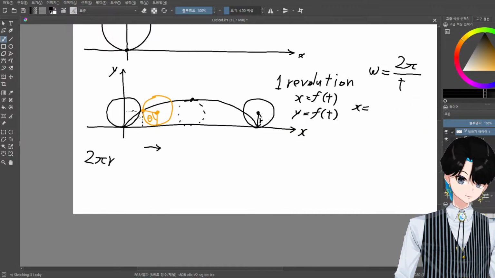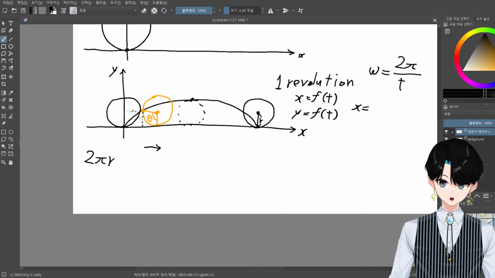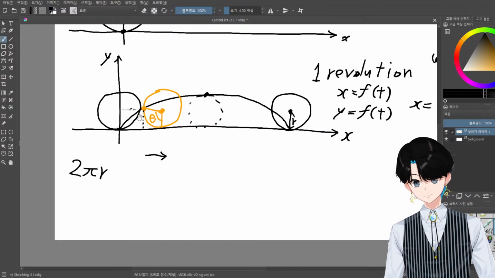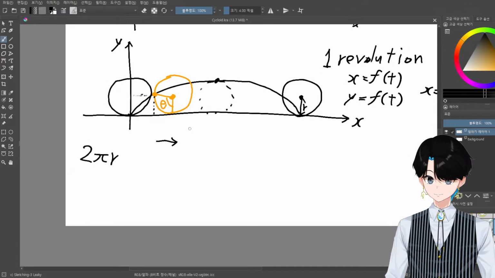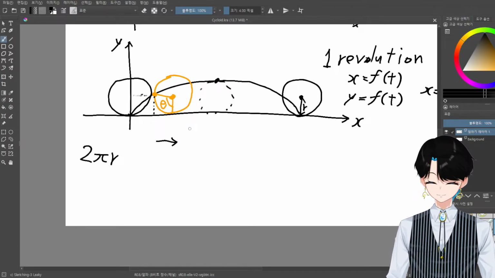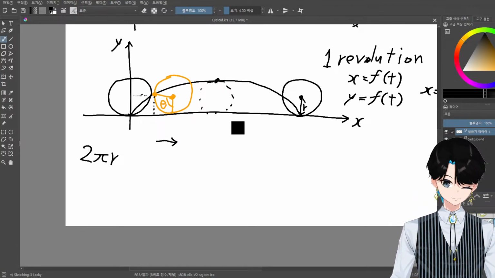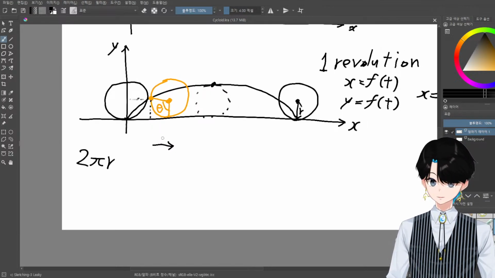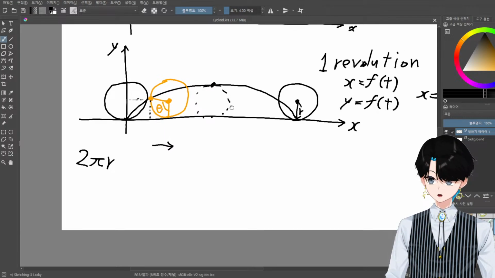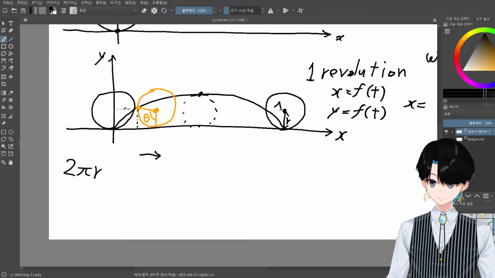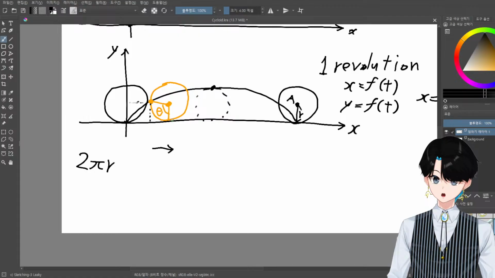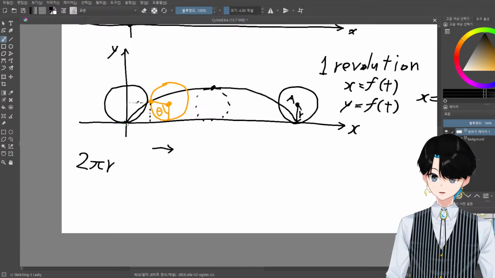Take help of Wikipedia for deriving these easy equations? No, I'm not gonna do that. Okay, circle moving. I'm gonna name the circle A. Okay, circle A. And this is 2 pi r, right?